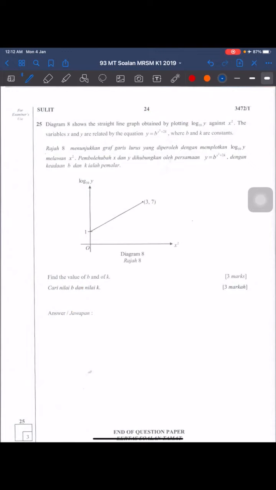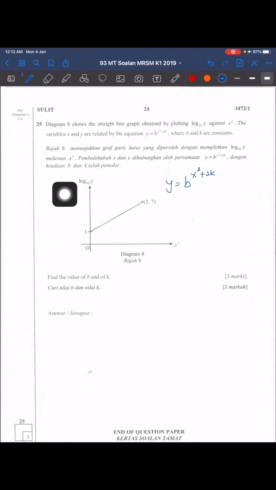Okay, diagram 8 shows the straight line graph obtained by plotting. The variables x and y are related by the equation, saya tulis, y equals to b power of x square plus 2k. So di sini dia beri satu diagram dan satu equation.